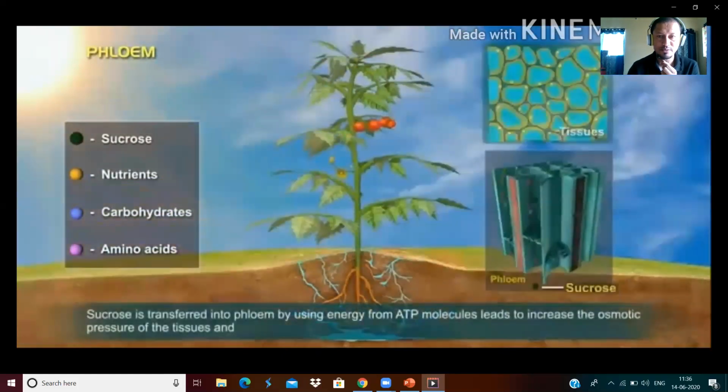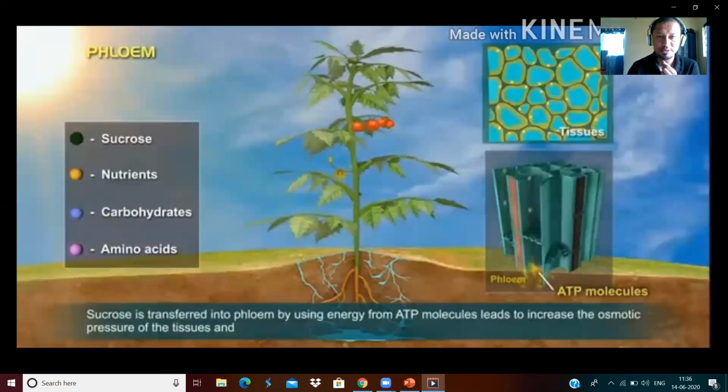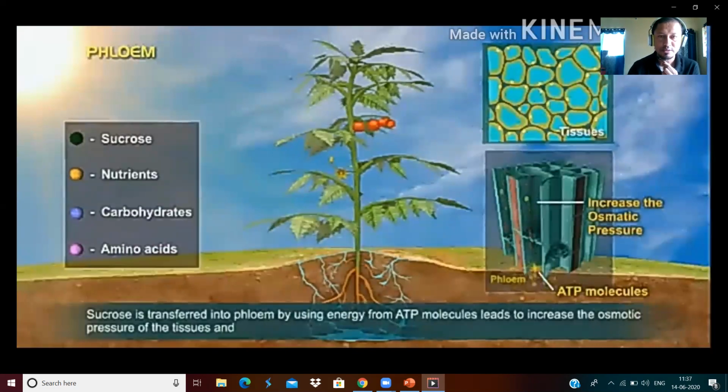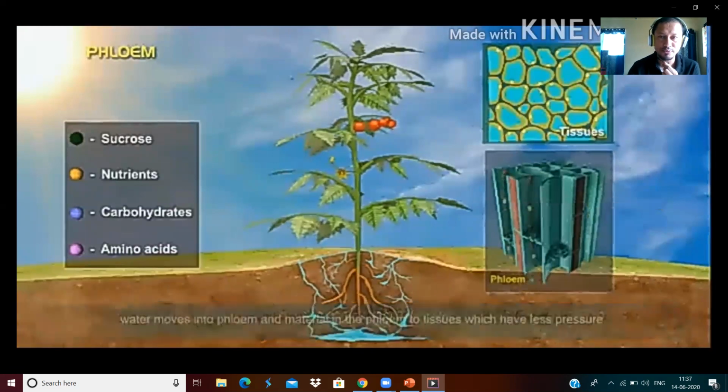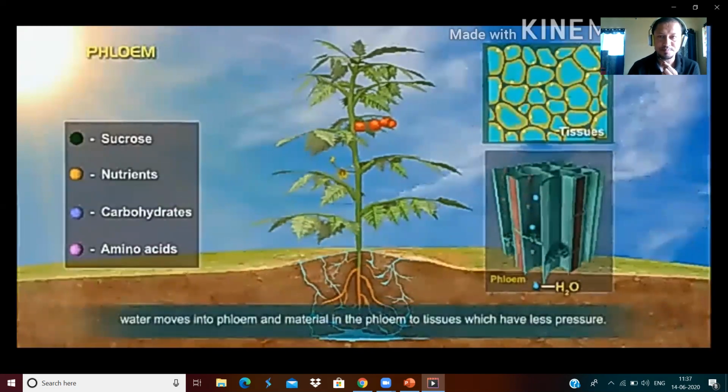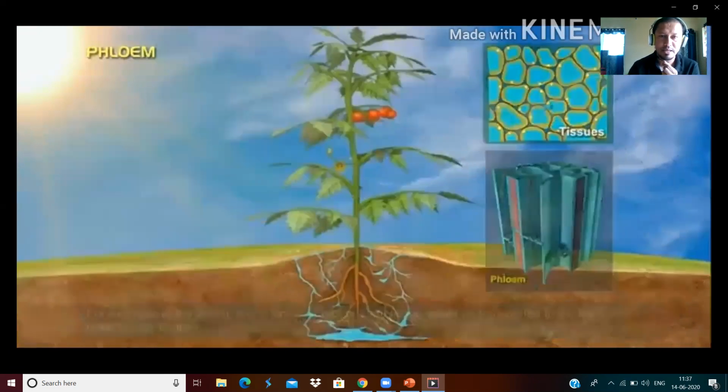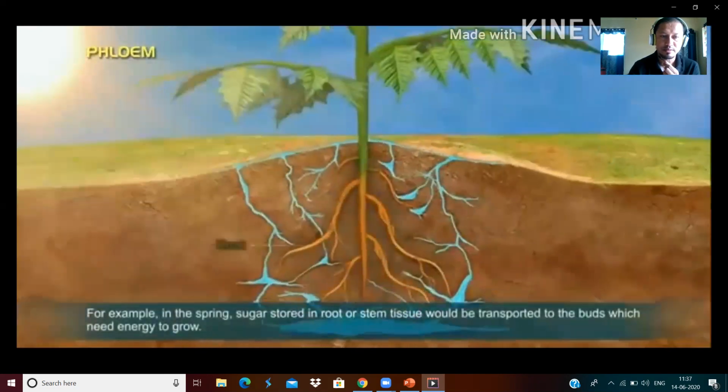All the food that is prepared is transported by the phloem to different parts of a plant, either the root, shoot, or the fruit of a plant. So this is how the entire process of transportation in a plant takes place.